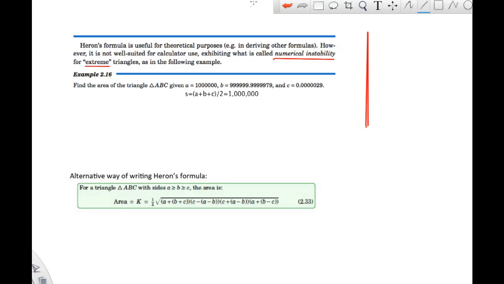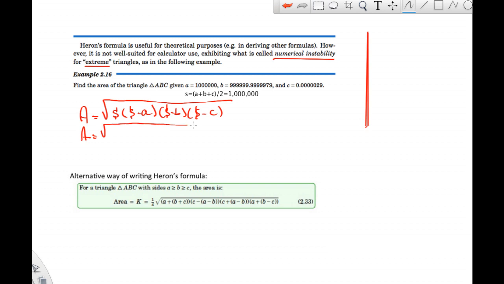And when I then plug that in to the formula for the area, I was trying to avoid writing that way. So the area is the square root of S times S minus A, S minus B, and S minus C. When you fill that in, S is 1,000,000, and then we do 1,000,000 minus A, and A is 1,000,000.